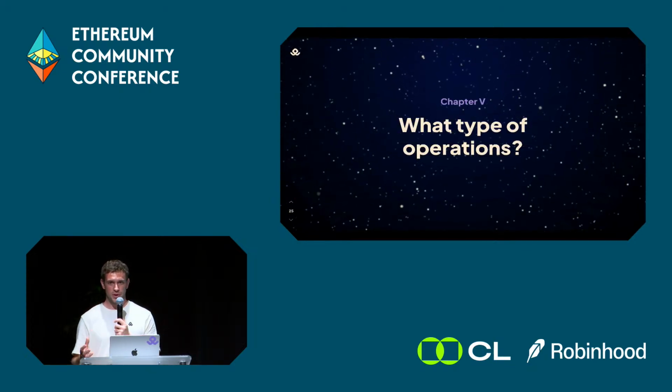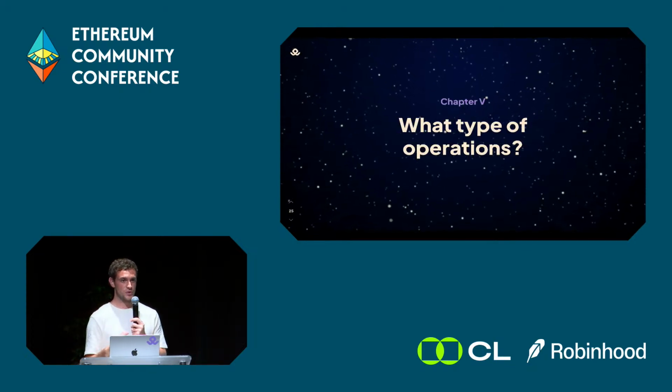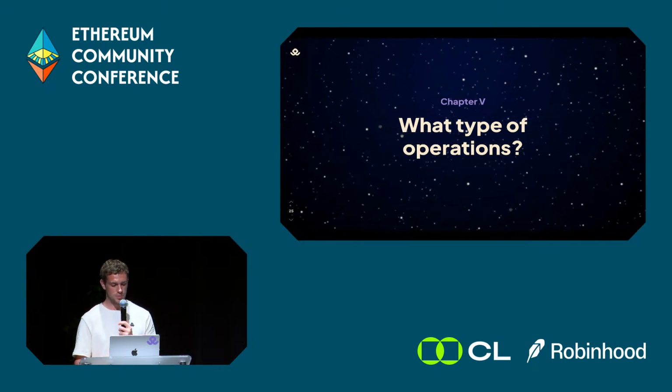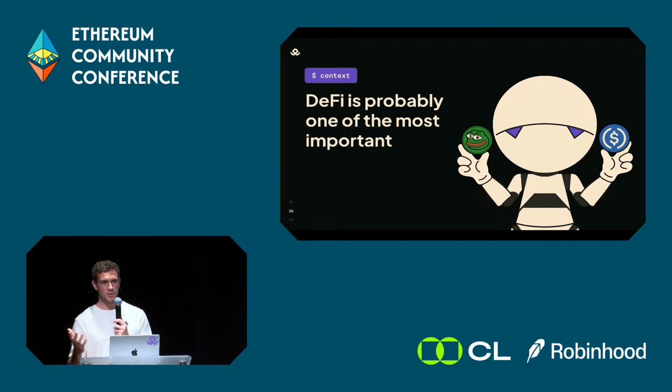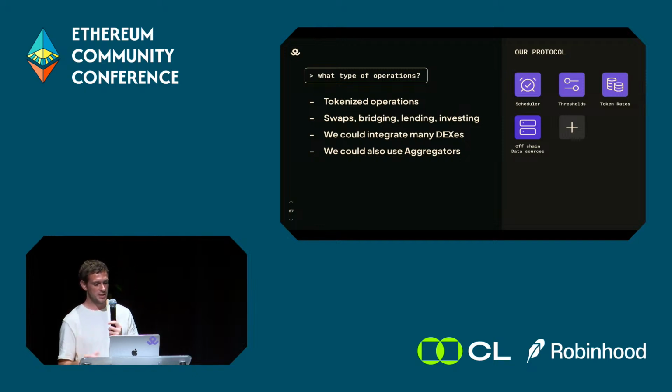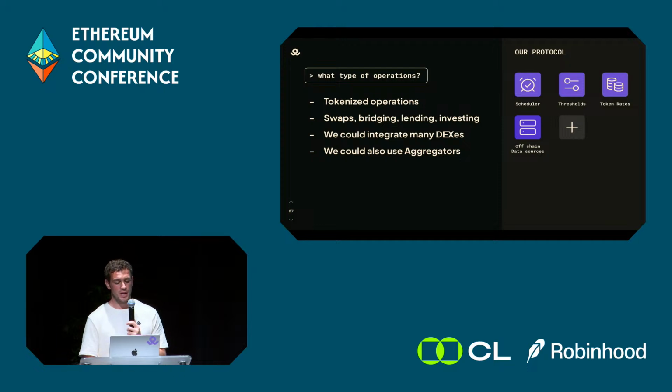Let's think about the operations that users want to automate. We said transfers, but what other types of operations? DeFi is probably one of the most important ones. We could say any type of tokenized operations: swaps, investing, borrowing. Of course, we can integrate DEXs.